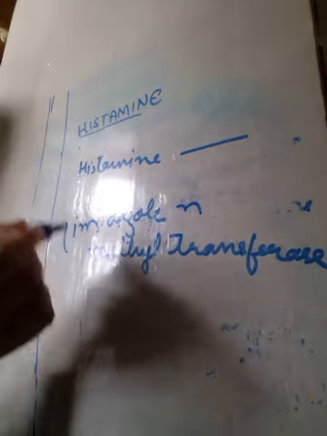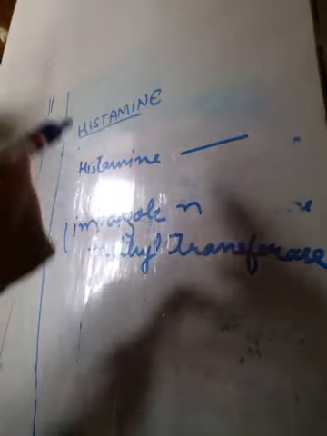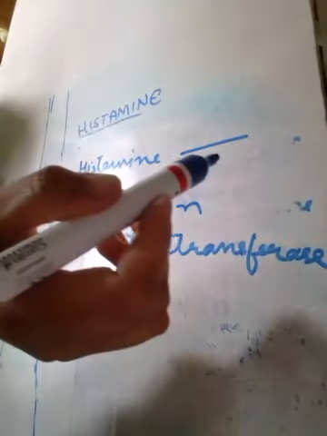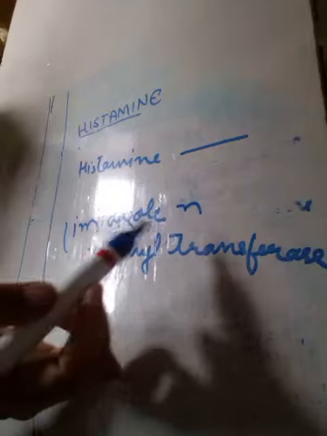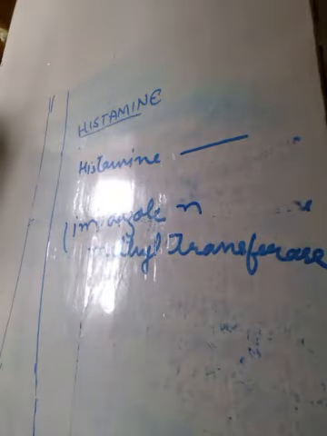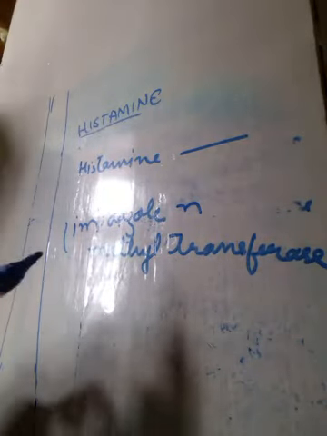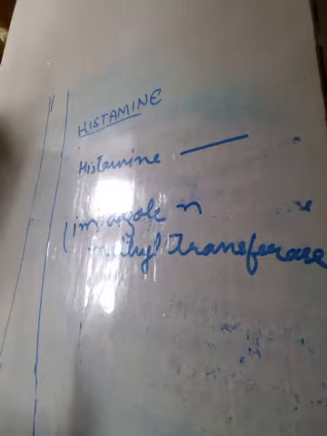This is the enzyme which catalyzes this reaction. Methyl imidazole acetic acid is easily excreted in the urine. So this was the metabolism.